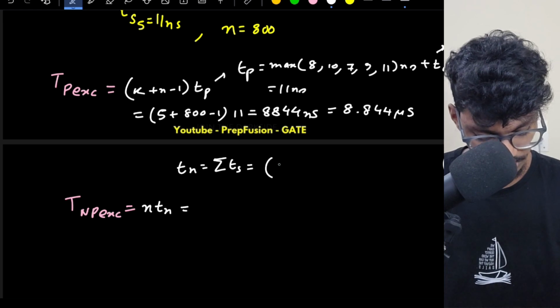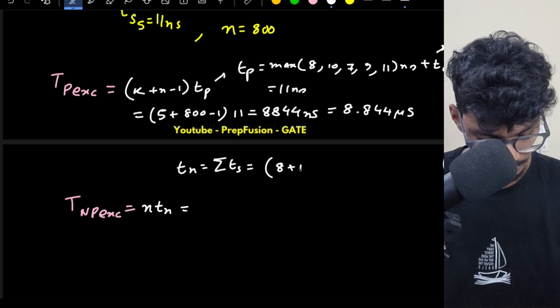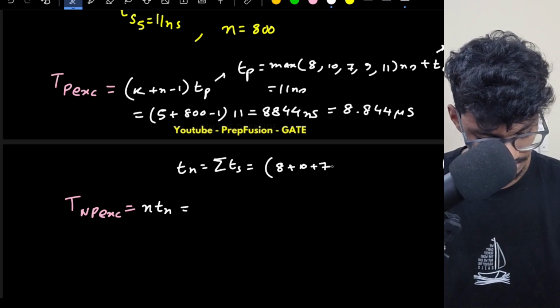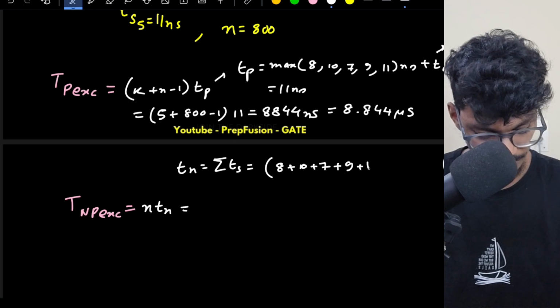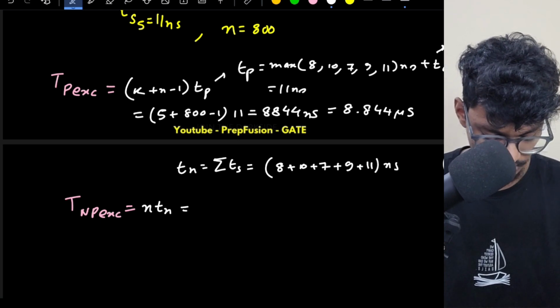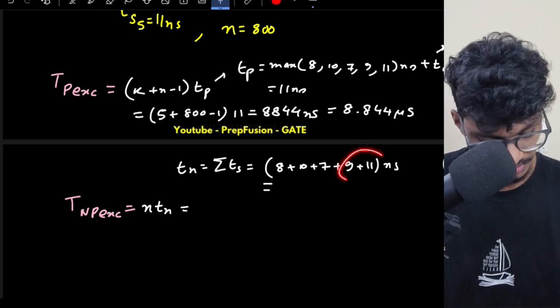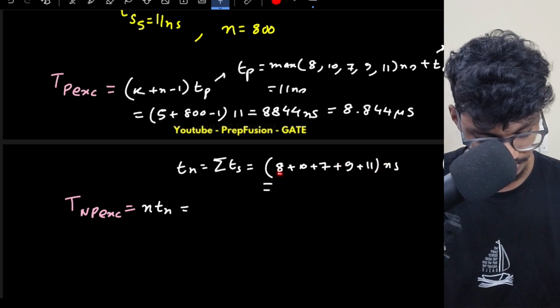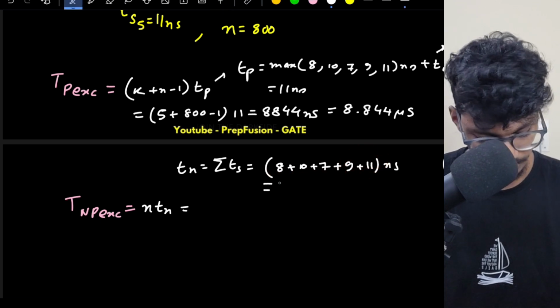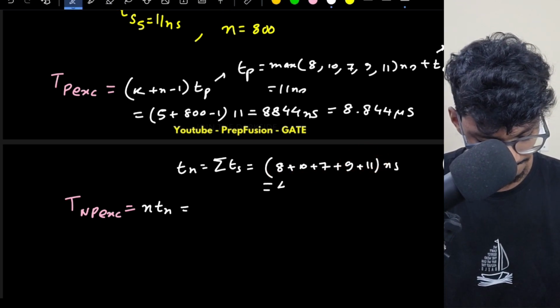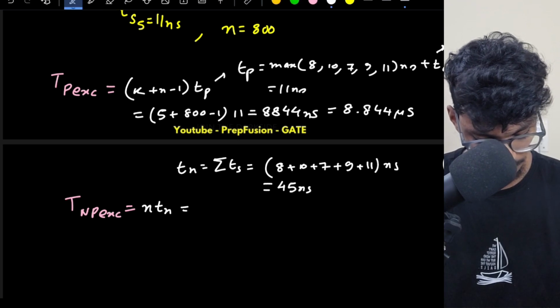It is 8 plus 10 plus 7 plus 9 plus 11 nanoseconds. So this becomes 20 and this becomes 25, so this becomes 45 nanoseconds.